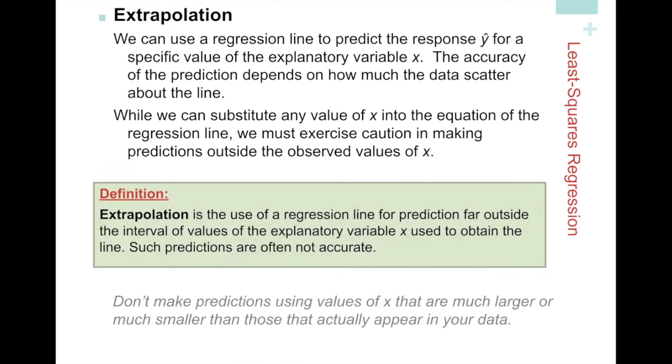Extrapolation. I talked about this in the last video. Don't go outside of the range of your x's. Be very careful. You don't want to go far outside because our model isn't useful for values that are far outside the range.